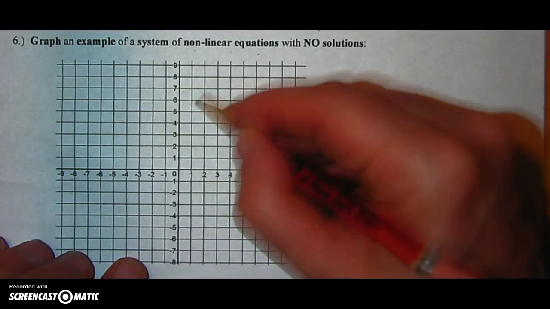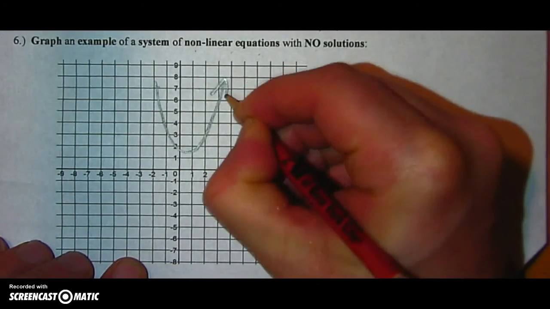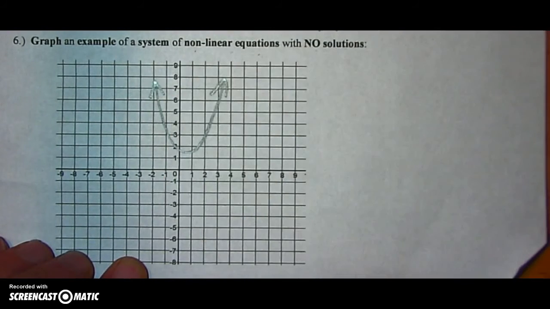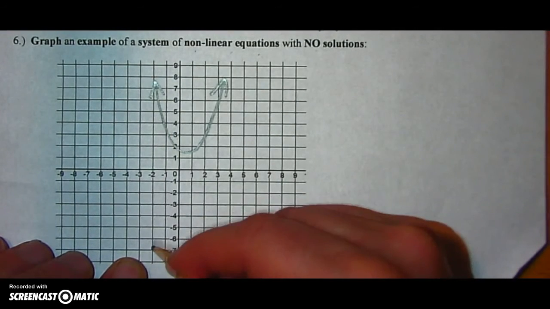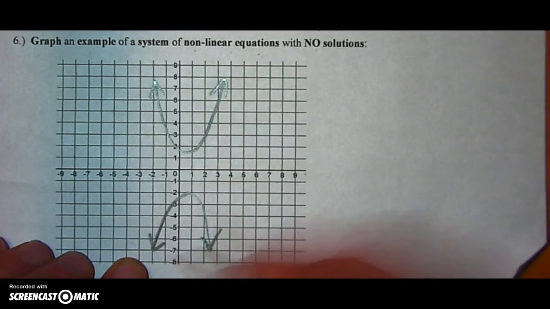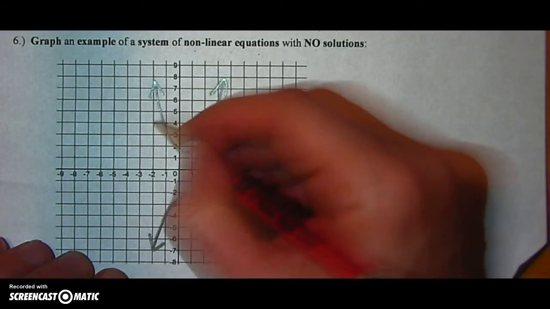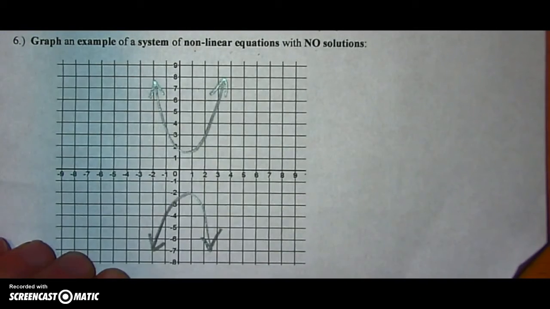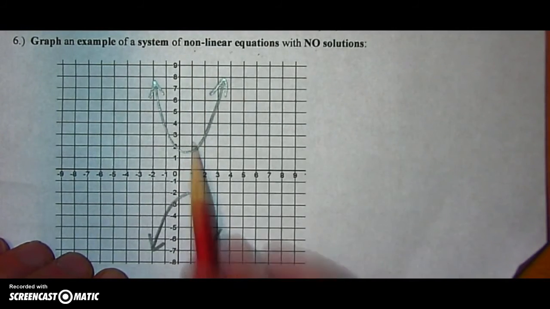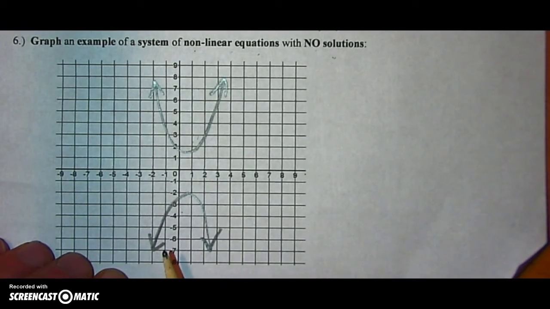So if I do, let's say, a parabola, something that looks like that, and another parabola down here that looks like that, I know that these two are never going to intersect. Why? Because this one is going south and this parabola is heading north. So these are nonlinear. They're both parabolas, not lines. And they have no solution because they're never going to intersect.